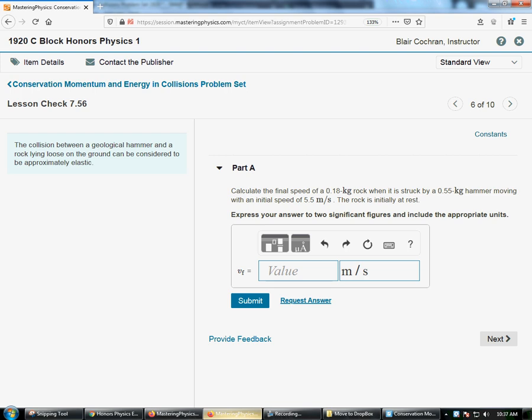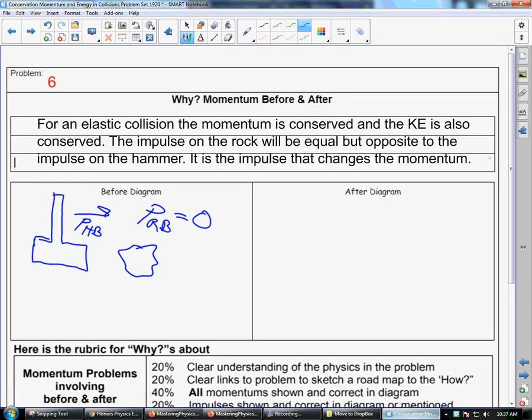So I'm thinking, okay, an elastic collision, thinking back to the interactive demonstration, when the truck hit the car, the truck continued forward because it has more mass than the car. So I think the hammer is going to continue forward once it hits it.